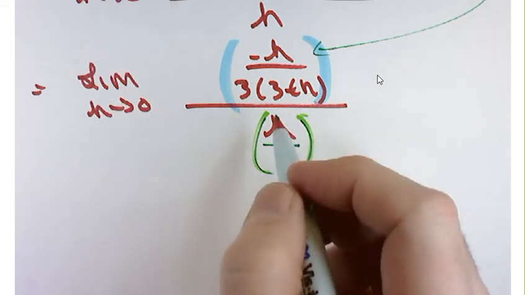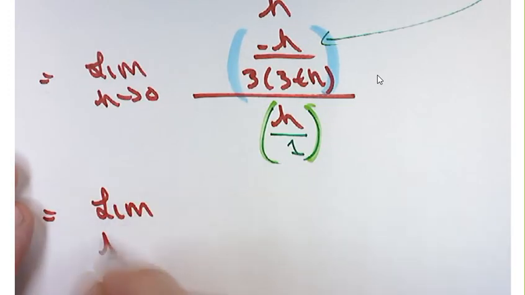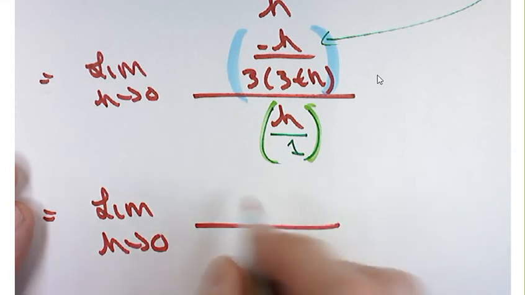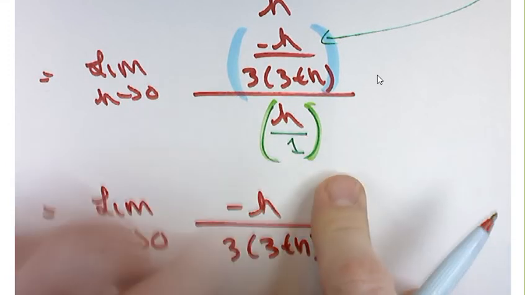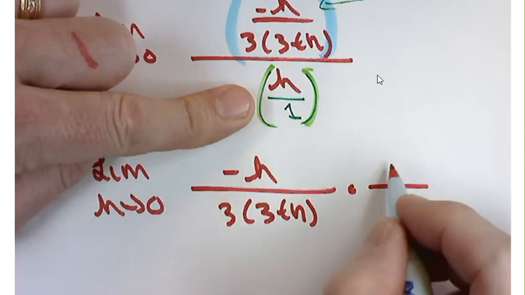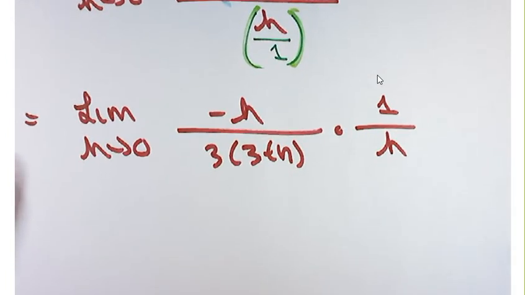So this is the same as taking negative h over 3 times 3 plus h and multiplying it by the reciprocal here, which is going to be 1 over h. Wow. Finally, light at the end of the tunnel.